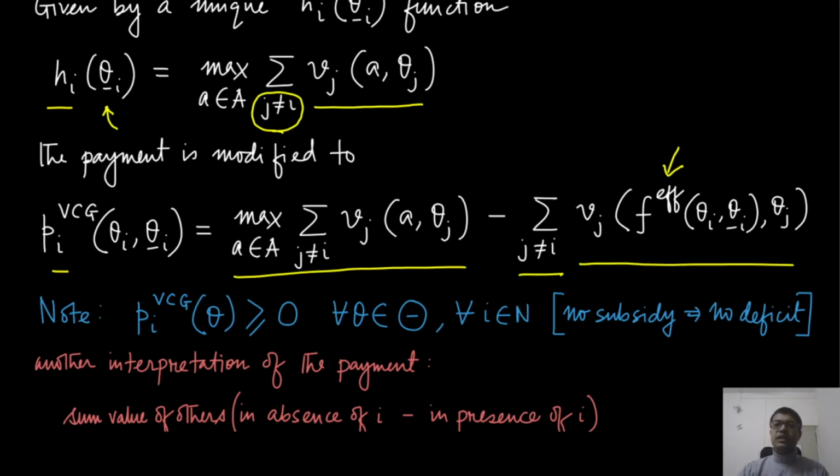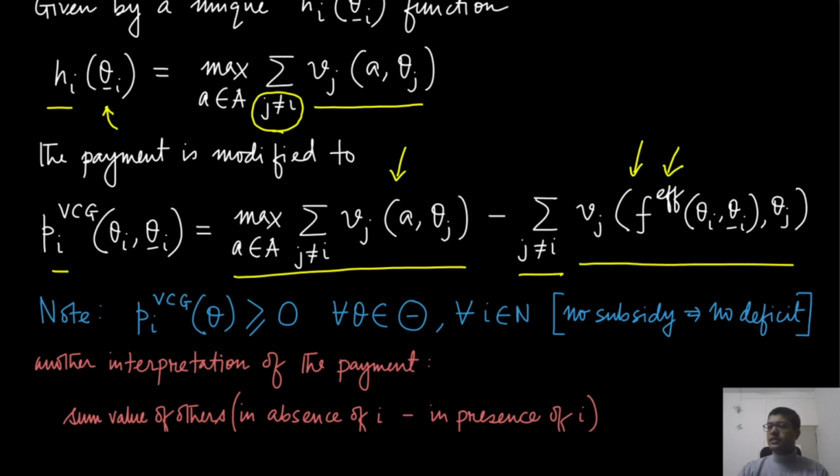In some sense, you can imagine this payment to be the maximum social welfare that can be achieved without agent i, minus what those agents except agent i are getting because of i's presence, which is given by the second expression on the right hand side. So this difference is the net damage, if you want to call it, that player i is doing to the other players. And this mechanism is asking agent i to pay that amount, to compensate that amount. So that is one way of interpreting this expression.